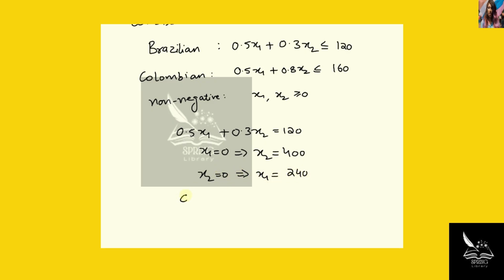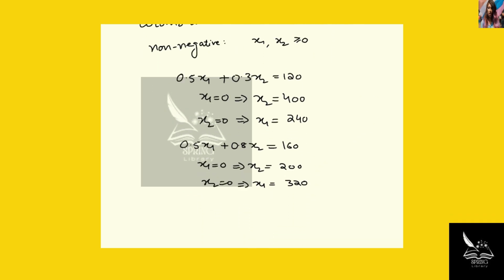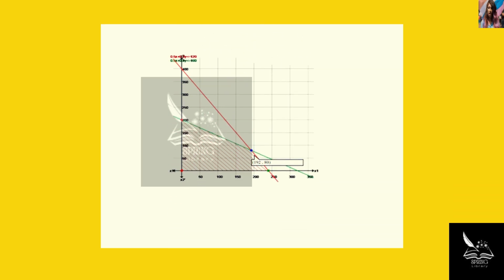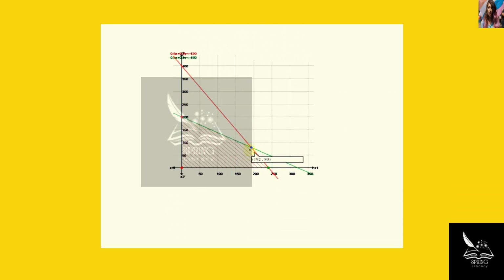Now considering the second equation, 0.5 x1 plus 0.8 x2 equals 160, if x1 is 0, we get x2 equal to 200, and if x2 is 0, we get x1 equal to 320. Further solving, if we plot the graph, it would look like this, and there is an intersection point with coordinates 192 and 80.